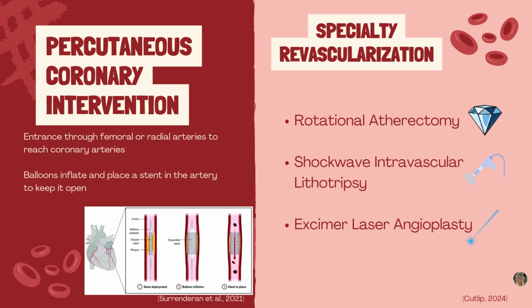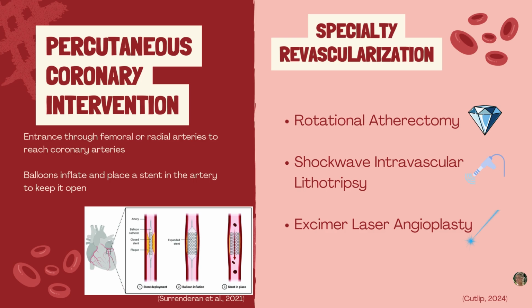Similarly, there's also shockwave intravascular lithotripsy, where the catheter tip goes up into the coronary arteries and sends out pulse sonic waves that help to modify the intravascular calcium. It basically causes the plaque to fracture, and those pieces fall off into the circulation. The last one is the excimer laser angioplasty.